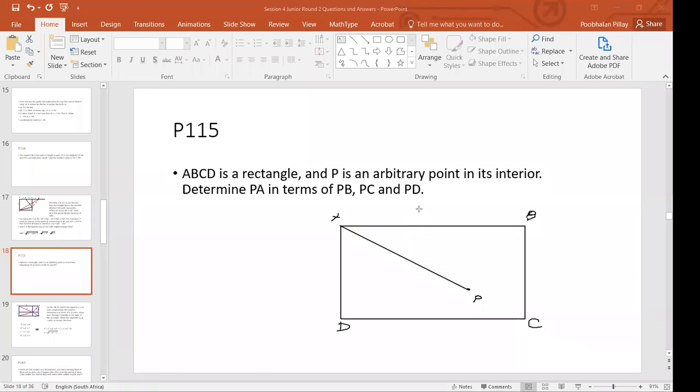You're joining P to B, you're joining it to C, you're joining it to D. Right.